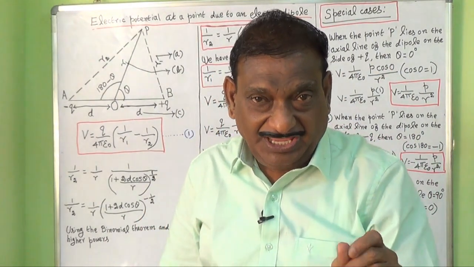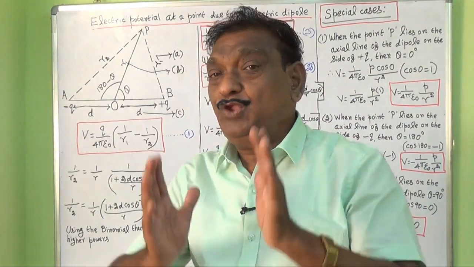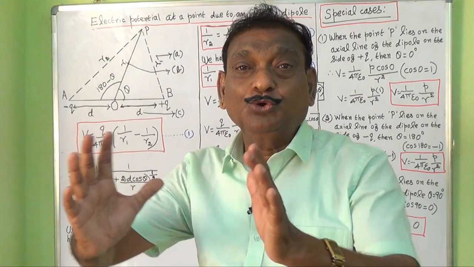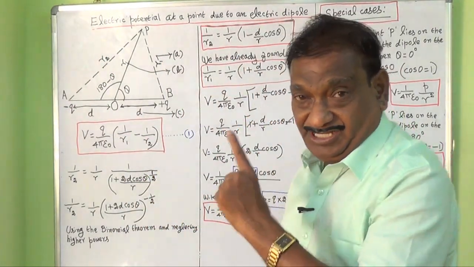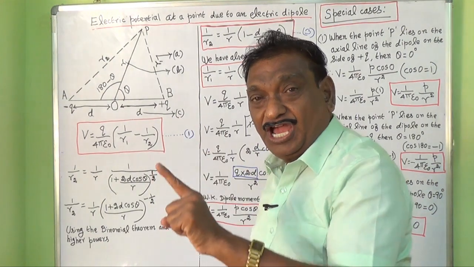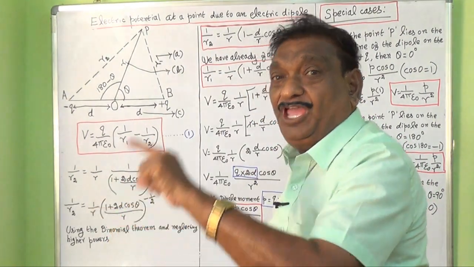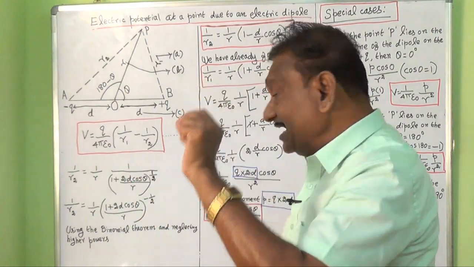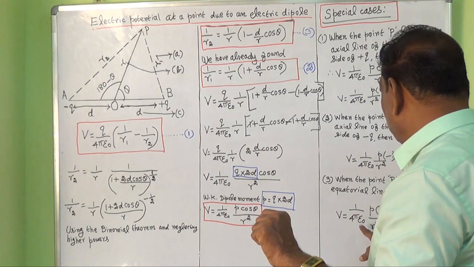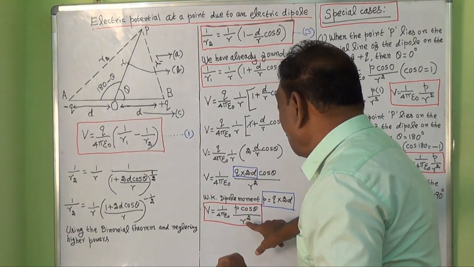That is electric potential V equal to 1 by 4 pi epsilon naught Q by R. But in this case, that is electric potential at a point due to a dipole, we have got the electric potential V as 1 by 4 pi epsilon naught P cos theta by R square.